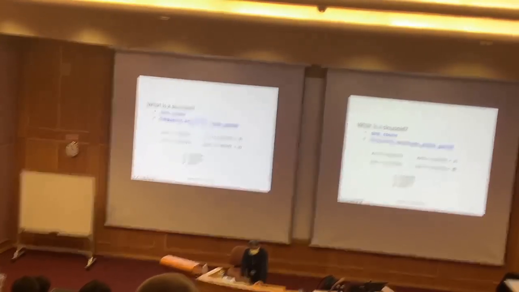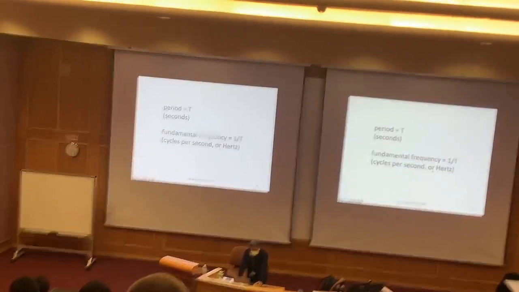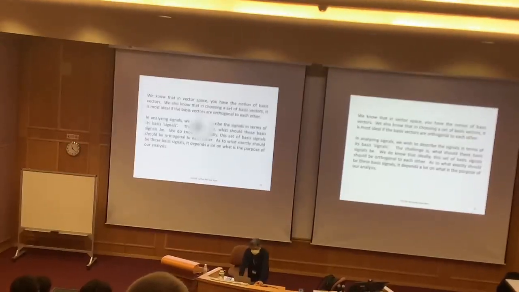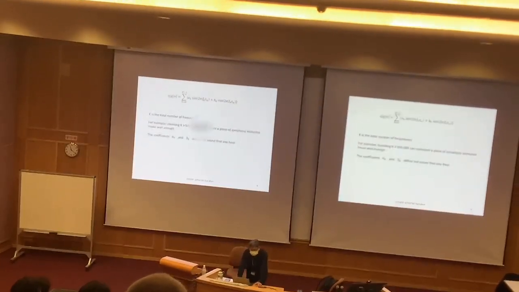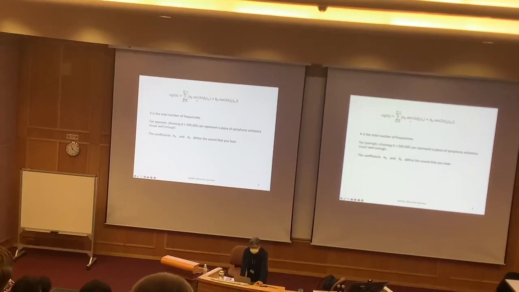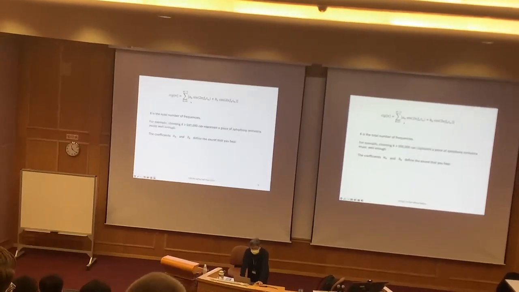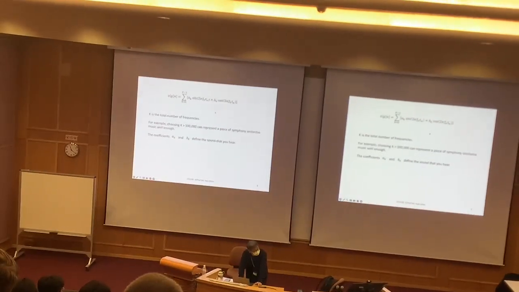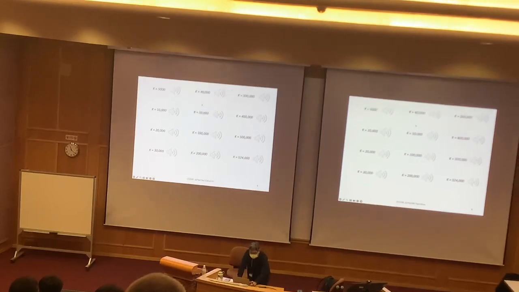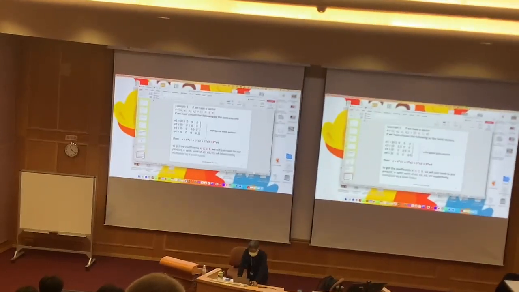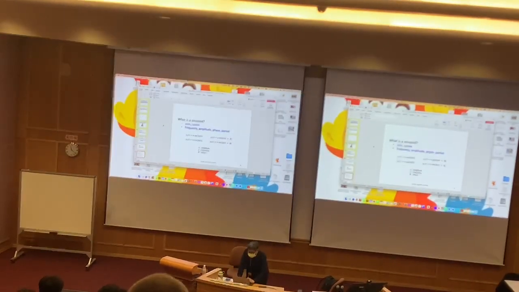You can write it in this form, or you can write it in another form: a pure, unshifted sine and an unshifted cosine added together, weighted by A_k and B_k. Writing it in this form is equivalent to writing it in this form.